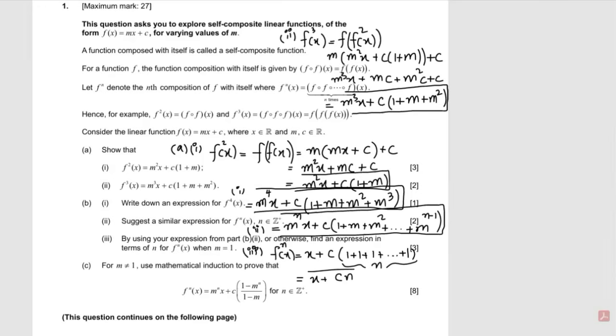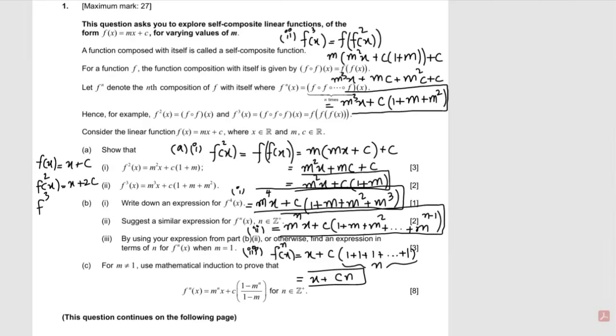The otherwise idea, if you want to look at how that works, let's just take a look at this. f of x will look like x plus c. The f squared x will look like x plus 2c.